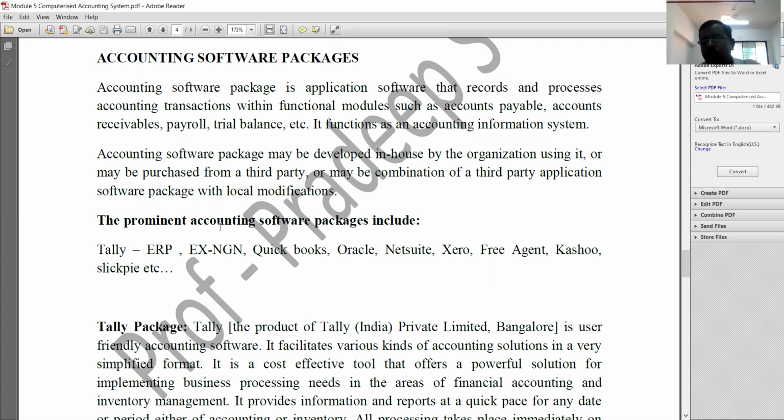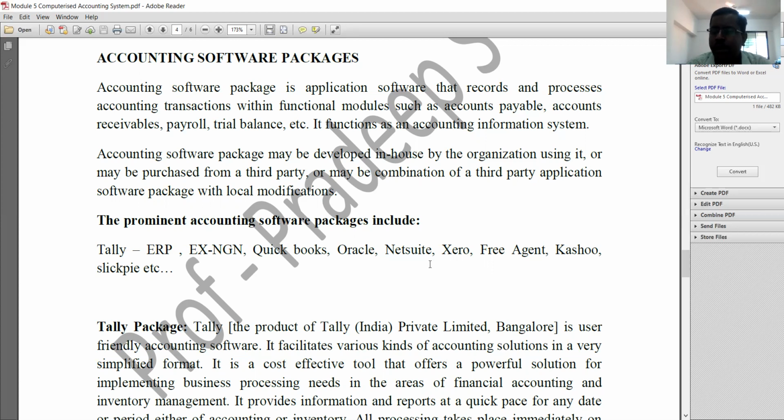Which are the prominent accounting softwares? The most prominent accounting software is Tally, that is the ERP version. Tally ERP version. Hope you people heard about Tally, right? Different versions are there. So right now we are using the ERP version of Tally. Then the next one is Exchange, that is another accounting software. QuickBooks, a very well-known famous accounting software. At the same time, Oracle, then Zero, then Free Agent, then Cashoo.